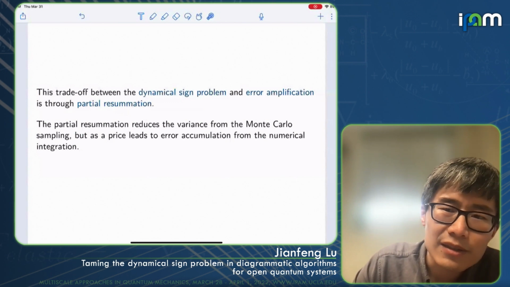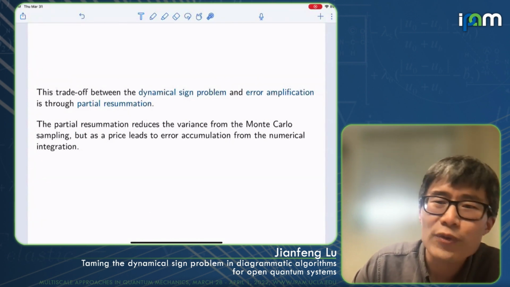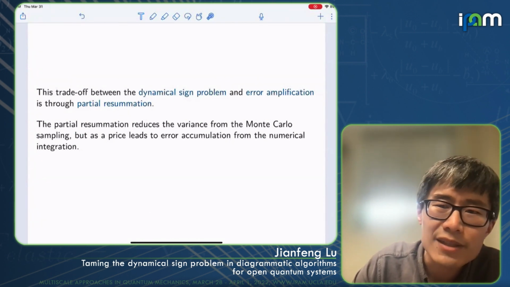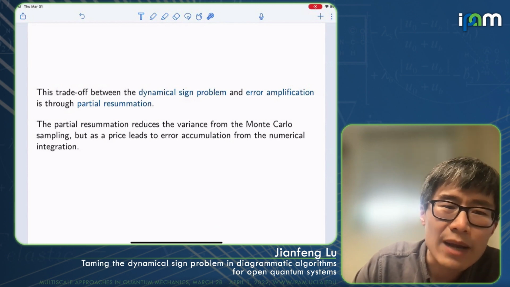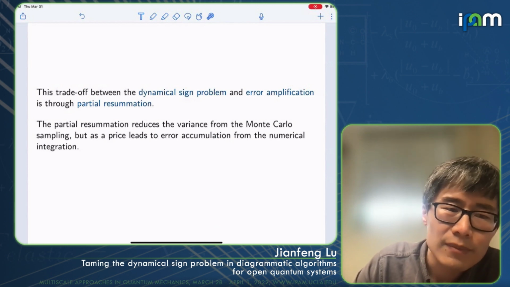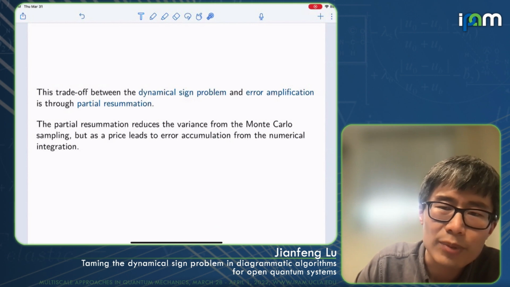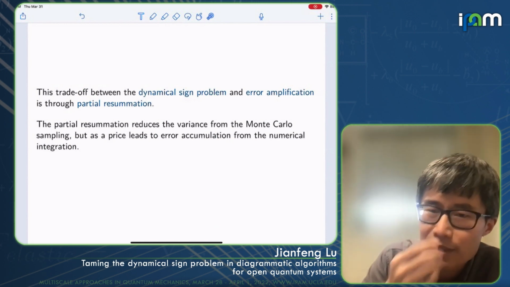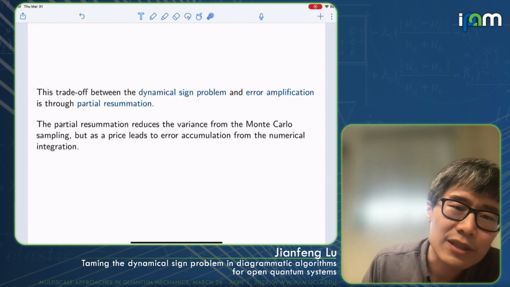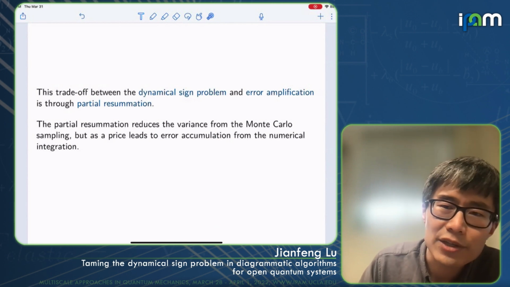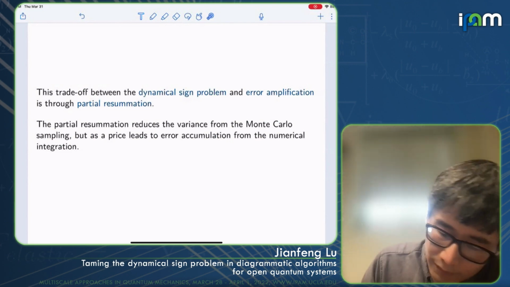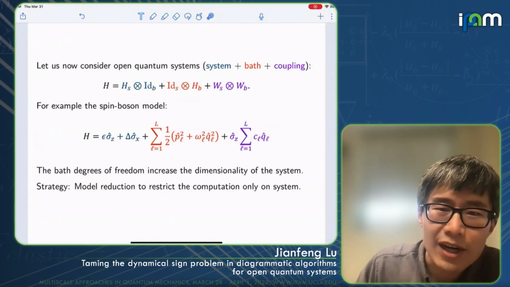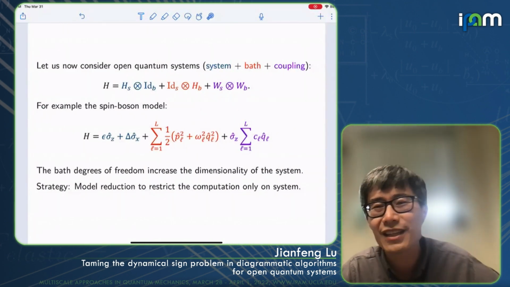But as a price to pay, if you don't have a way to do a symplectic scheme or things like that, you pay through error accumulation from the numerical propagation of the error. So in a very simple context, this is a trade-off between the so-called dynamical sign problem and error amplification due to numerical schemes. All right, so now let's come to the real thing.